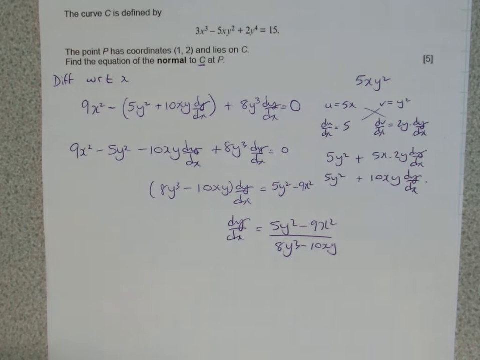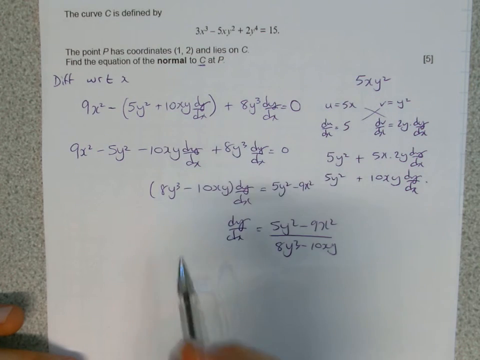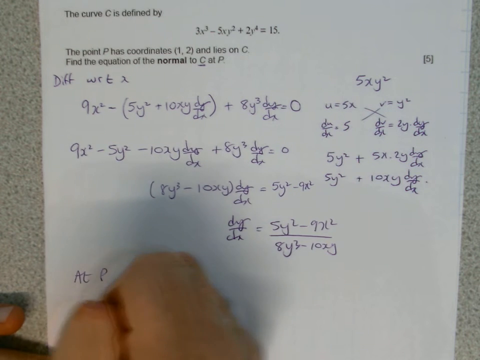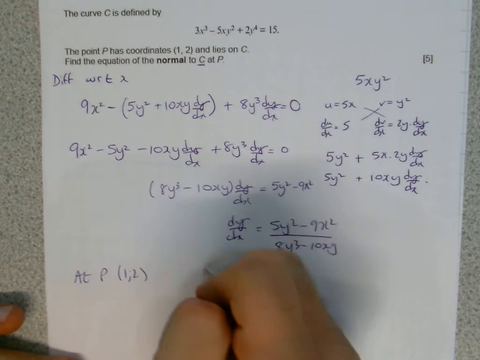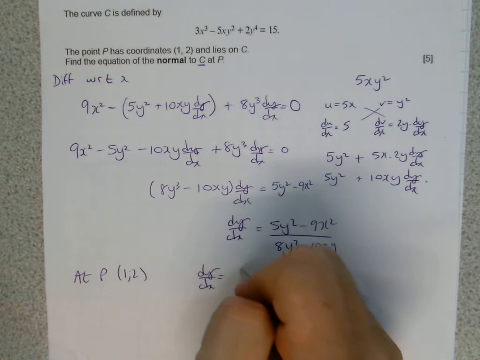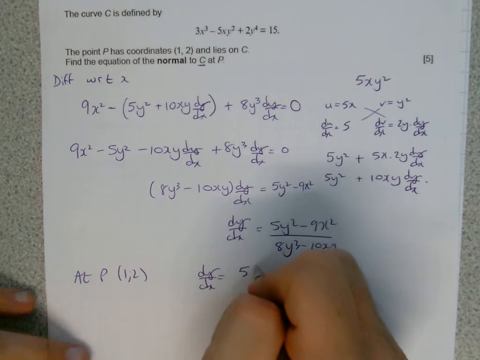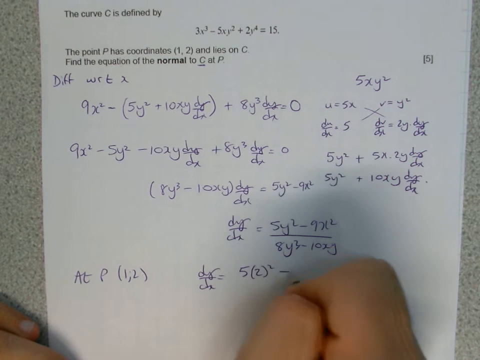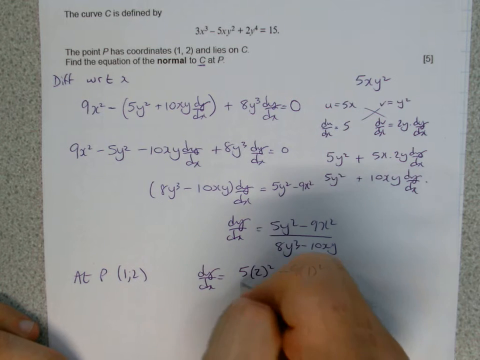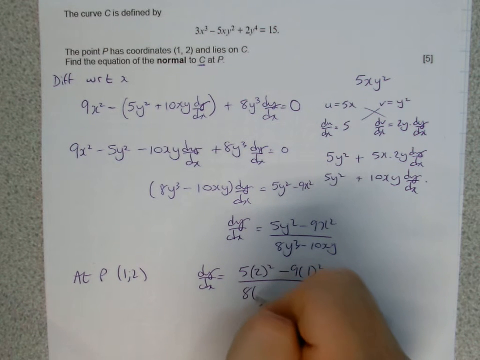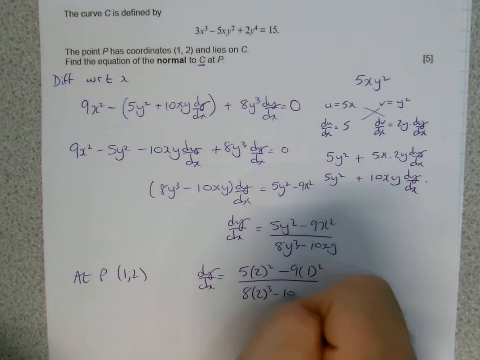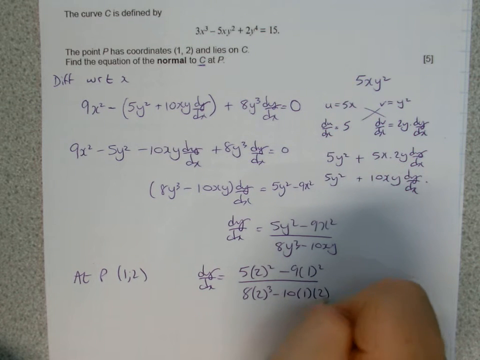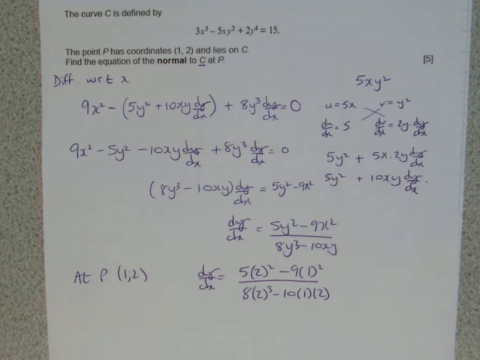Now we can work out dy/dx at P. At P, (1, 2), chuck the values of x and y in: y is 2, so it'll be 5 times 2 squared minus 9, where x is 1, so 1 squared, and then on the bottom 8 times 2 cubed, take away 10, where x is 1 and y is 2. I'm using brackets just to show what I'm substituting in, so it's quite clear.